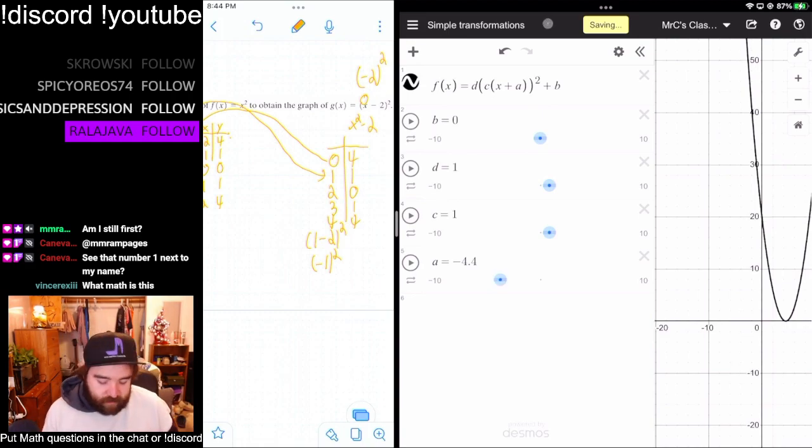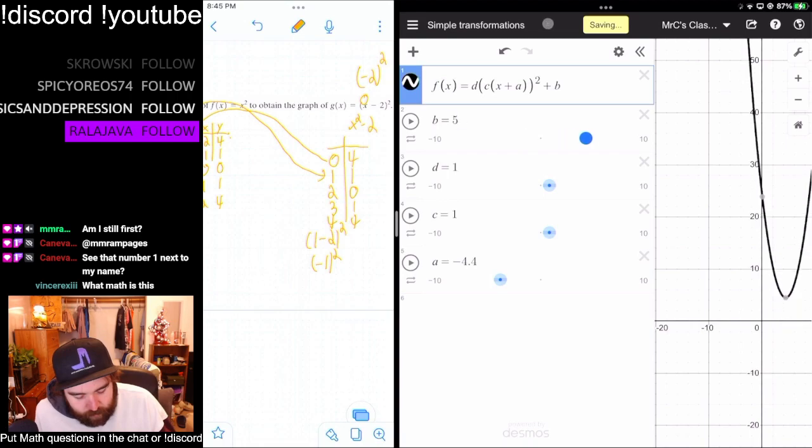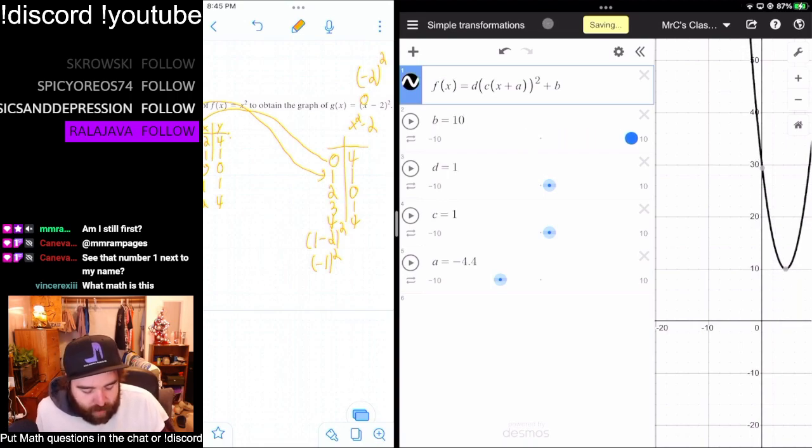X is always opposite. Now, the reason x is always opposite is just because the way I think about it is things are being directly done to it. Look how this minus 4.4 here is being directly done to the x, which is different than that plus b that we looked at originally, right? Because this b value affected the y value: if we made b go up, the y values went up.